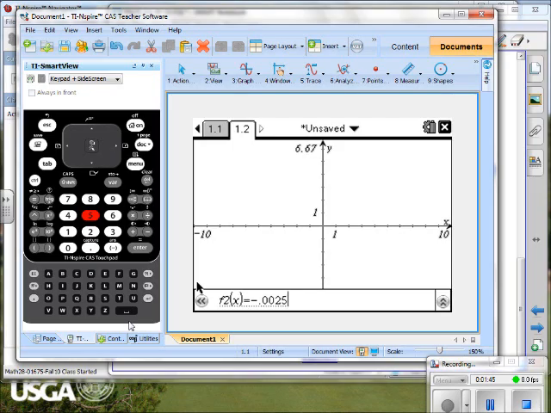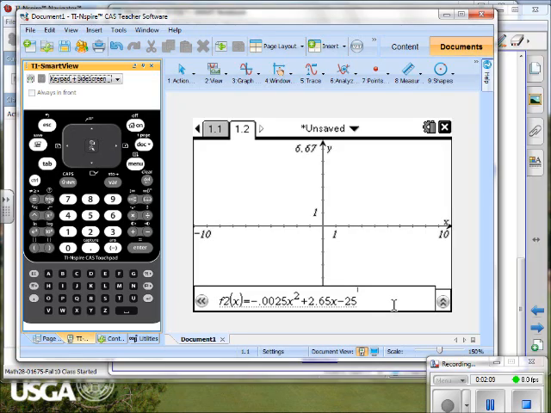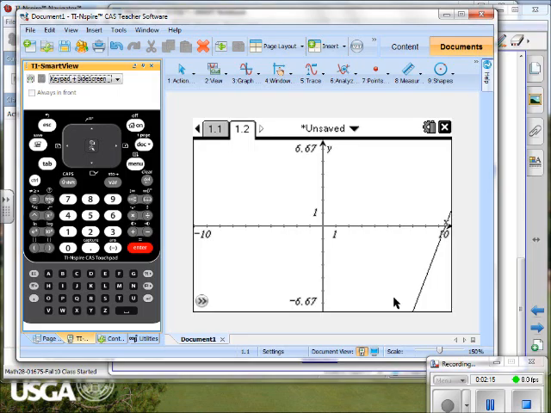Now remember, I can't put n here because we're on the graph page, so we're going to have to use x. Doesn't look like much, does it?